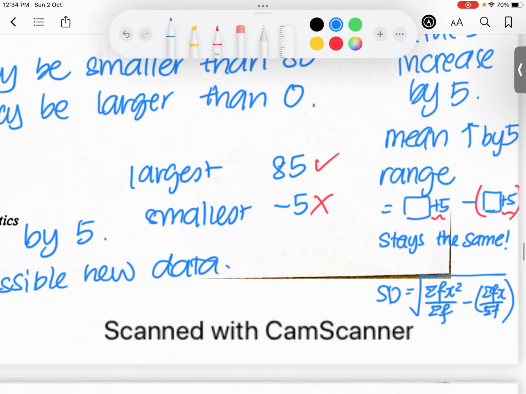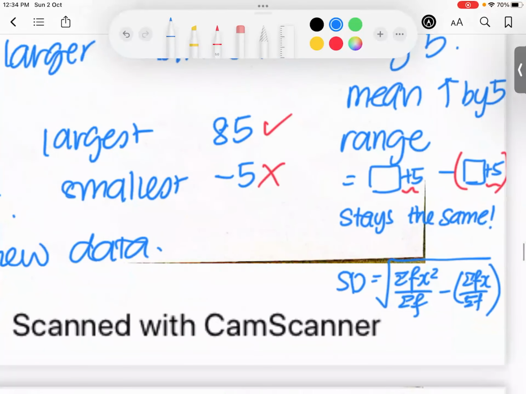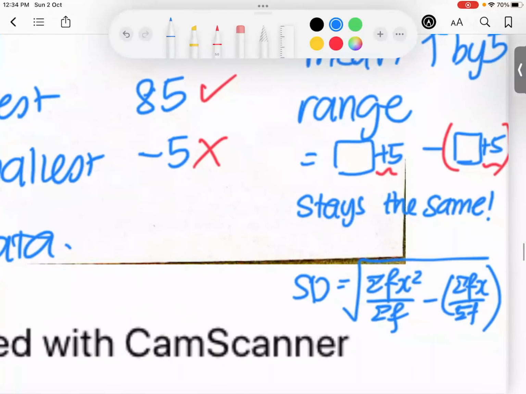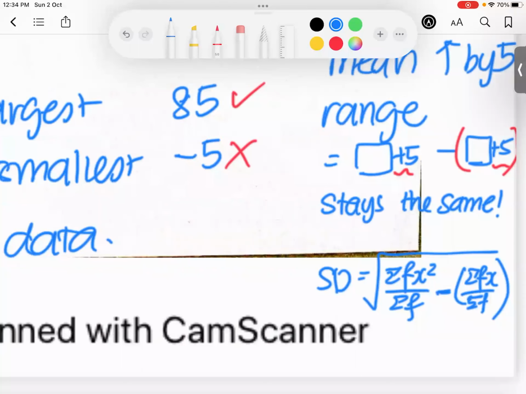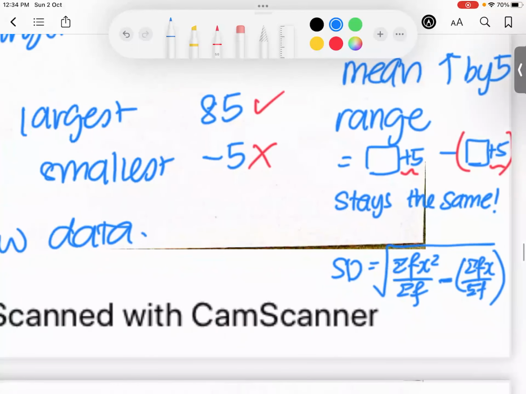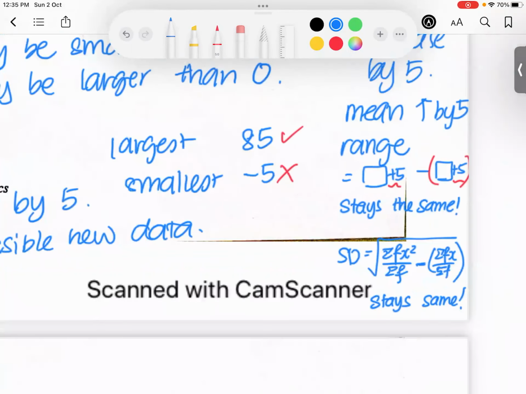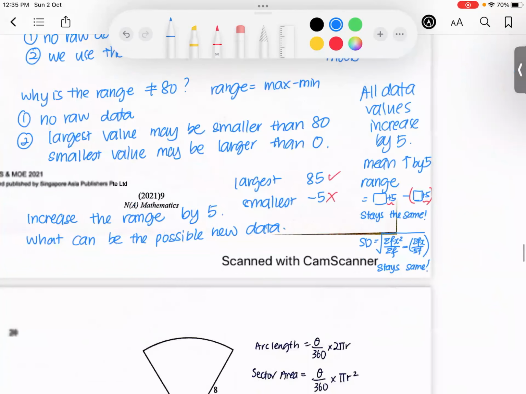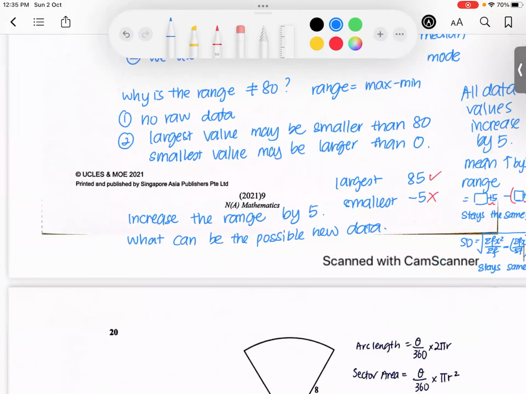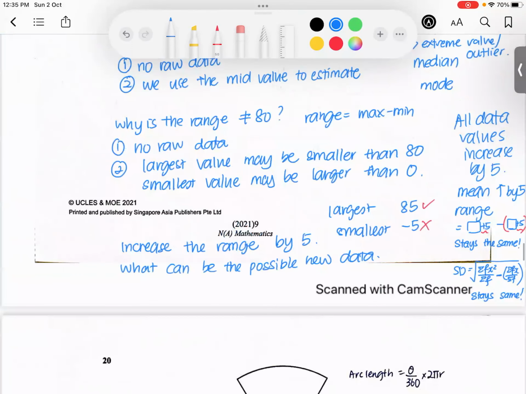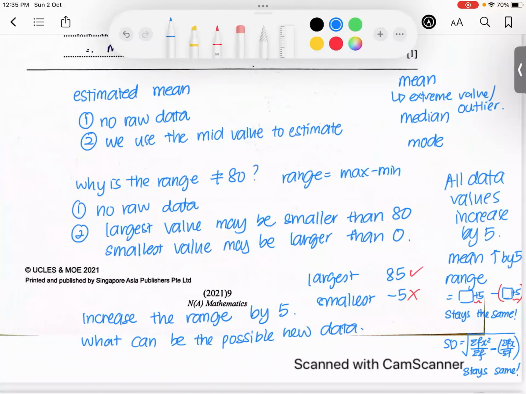Well, the standard deviation formula also includes a subtraction. So whenever everything is increased by 5, it gets subtracted away, and the effect on the standard deviation is none. Standard deviation stays the same. For this kind of question, there are many different variations that can be asked as extensions. Please take note of all the different possible kinds of answers.